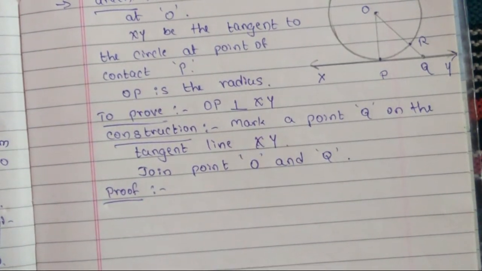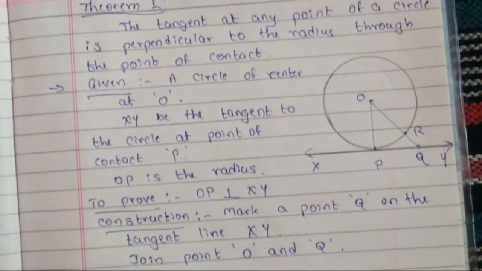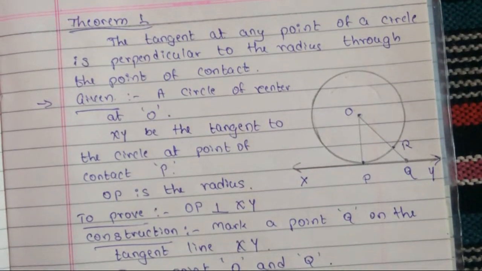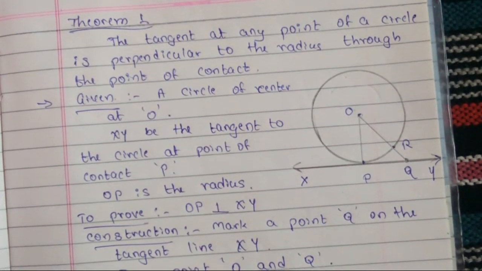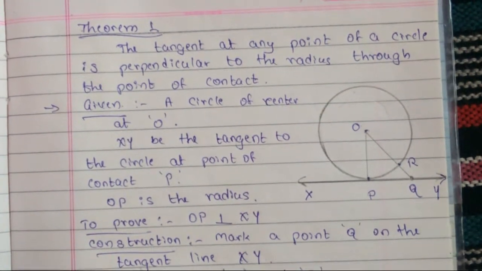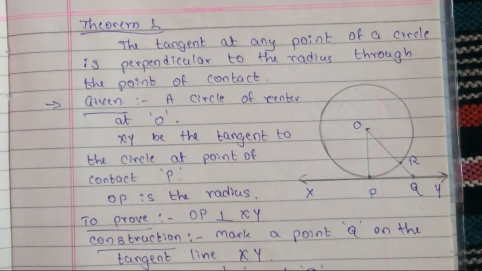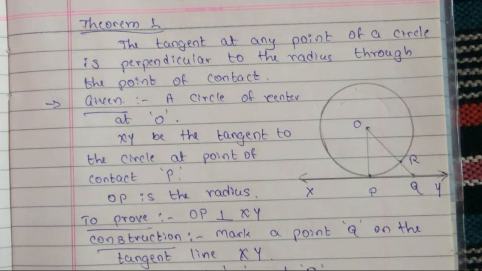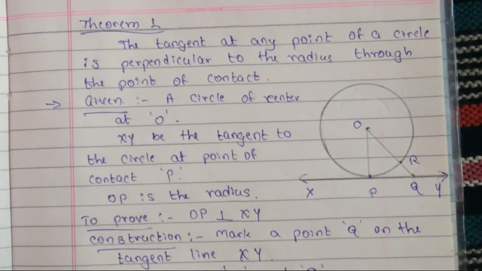Okay. First, we have to write a statement. The statement is the tangent at any point of a circle is perpendicular to the radius through the point of contact. For that, first we have to draw the diagram. Okay, simple circle with center O and XY as the tangent at the point of contact P. So that is the initial step.